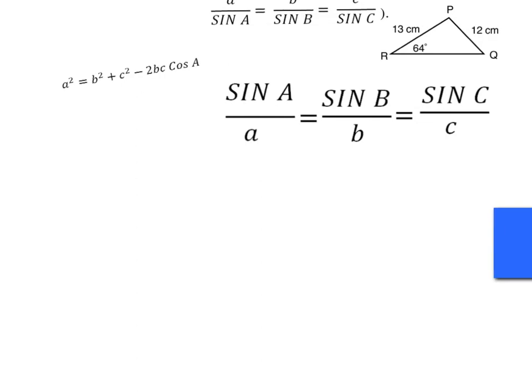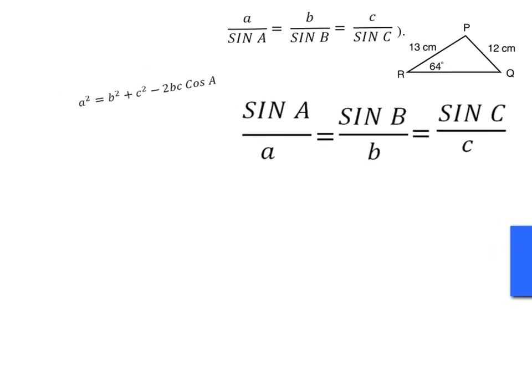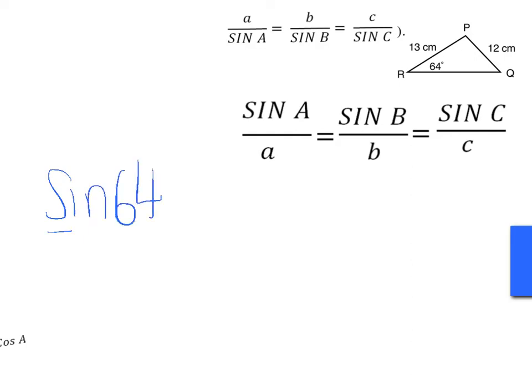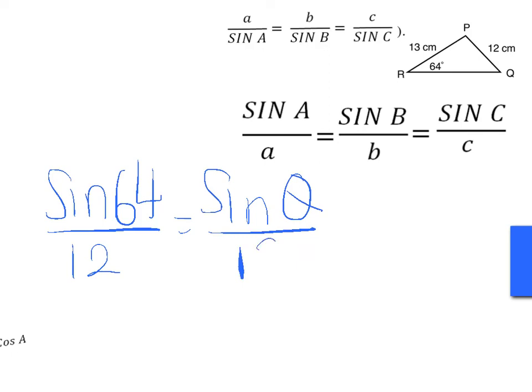I'm going to substitute my values in, which will give me sine 64 divided by 12 is equal to sine Q, which is the one I want to find, divided by 13.